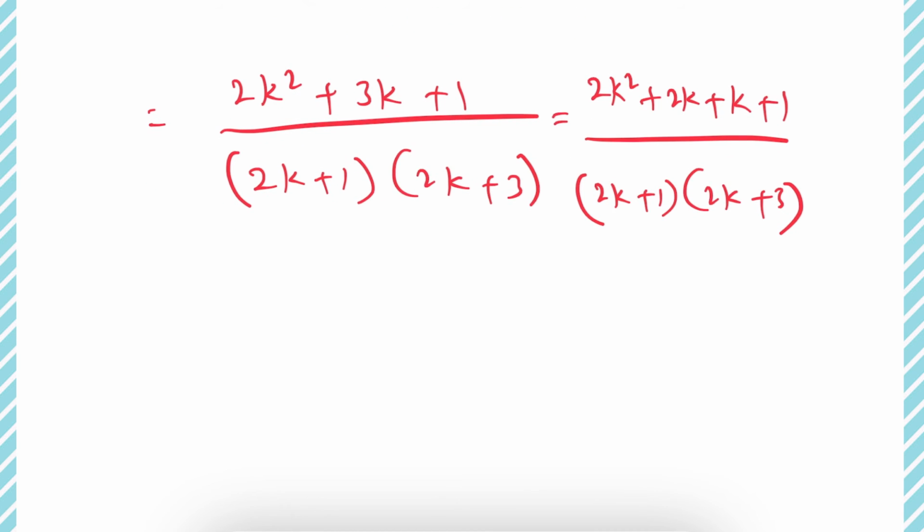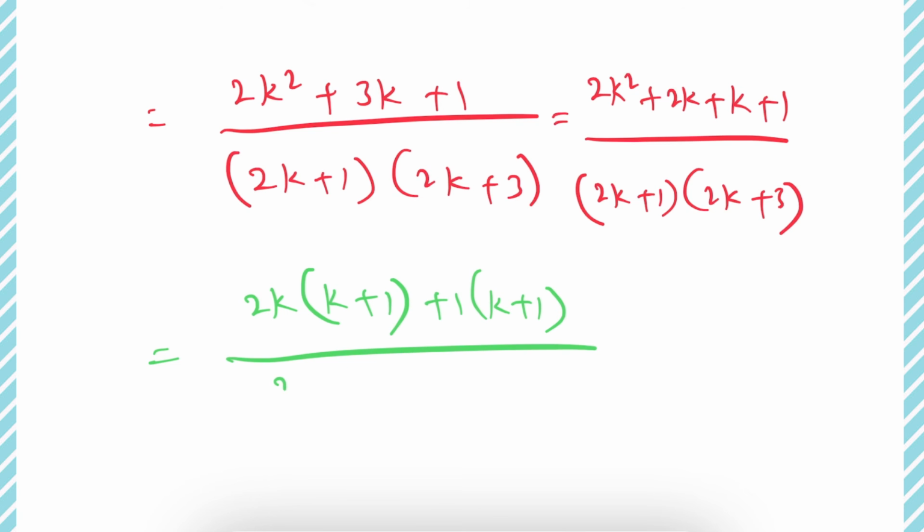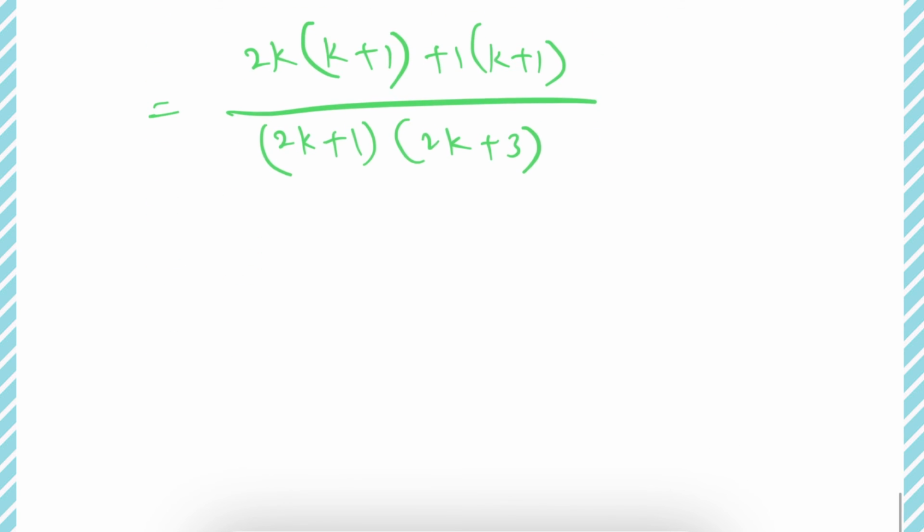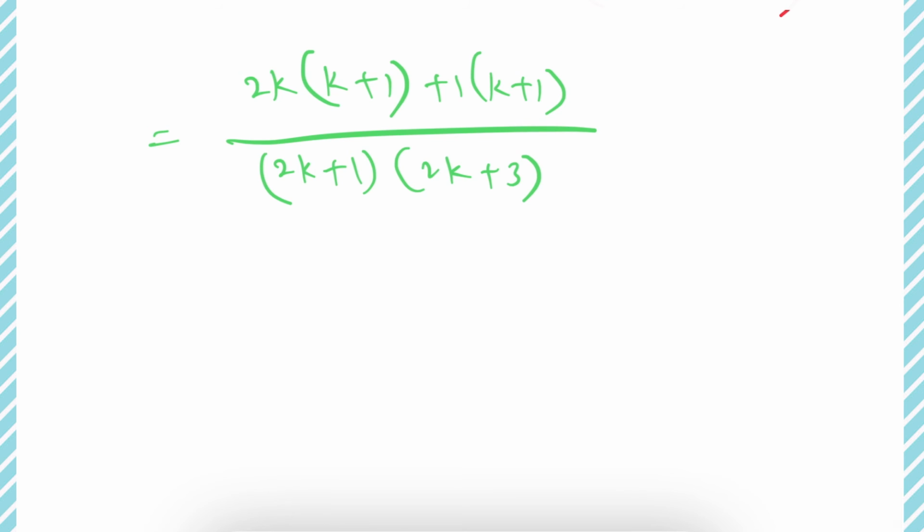Now in the numerator, from the first and second terms, I will take out 2k common, then we remain with k plus 1. From the third and fourth terms, I will take out 1 common, then we remain with k plus 1. Whole divided by 2k plus 1 into 2k plus 3. In the numerator, here k plus 1 is there, here also k plus 1 is there.